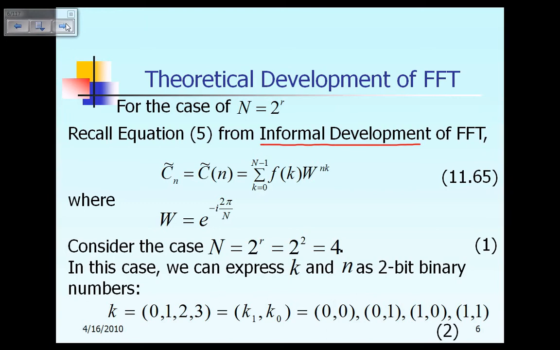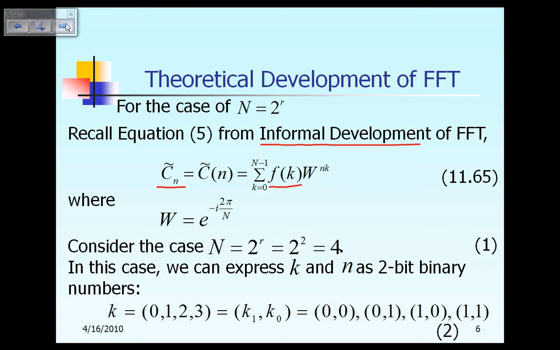So now, according to the previous material, the unknown vector c theta n can be computed based on the known values of the vector f corresponding to the index k. And remember, f of k corresponds to the value of the periodic function f at some specific discretized time k.